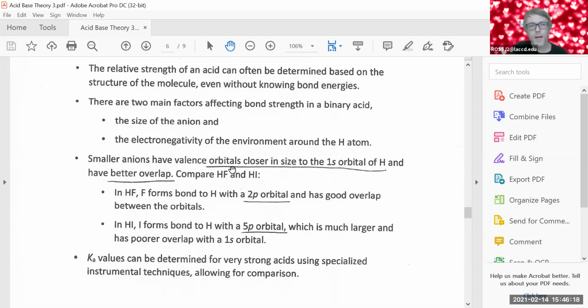So if we look at the 1s orbital of hydrogen and the 2p orbital of HF, let me scribble some kind of diagram here.